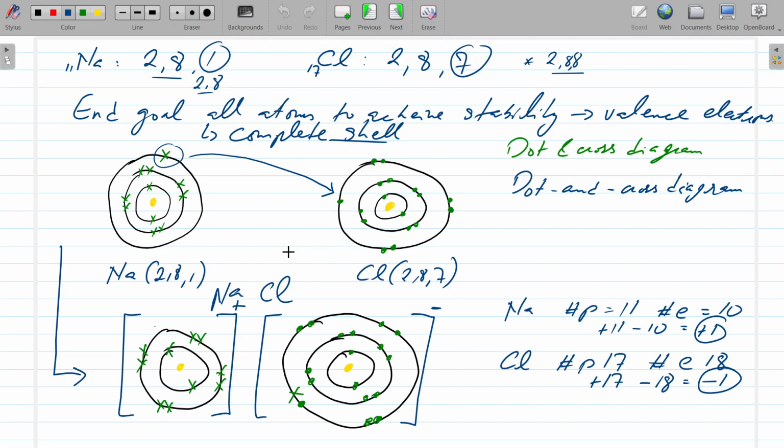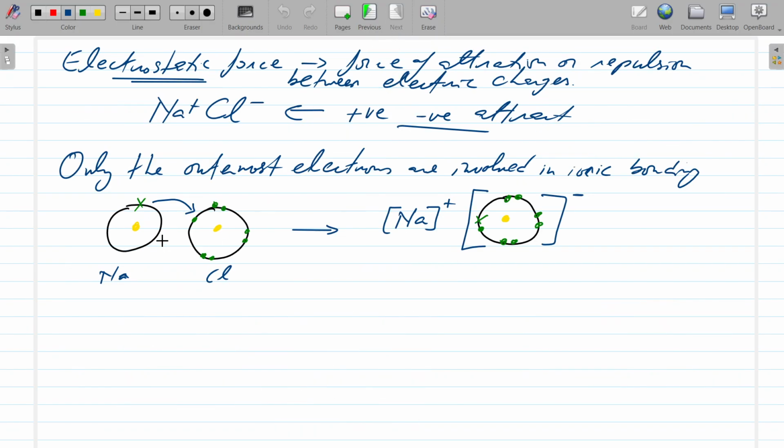Yes, it is, but remember what we did over here? Why did we only make 2 shells for sodium later on, when the electron was lost? Because the first shell got empty. Exactly, and so in the simplified diagram we're only drawing the outermost shell.